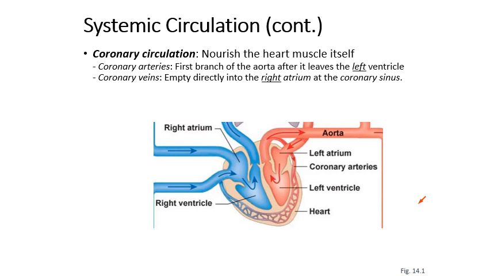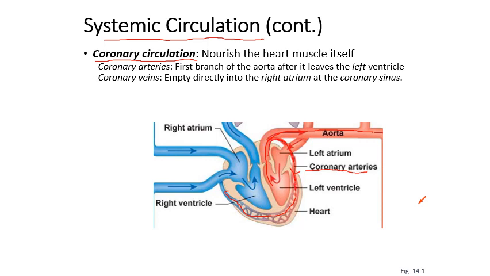Okay, so one unique one is the coronary circulation. Because you'll see the blood getting pumped into the aorta is going out to the rest of the body, and the first branch off the aorta actually brings the blood to the coronary arteries. Okay, the coronary circulation, because the heart is going to get the oxygenated blood first.